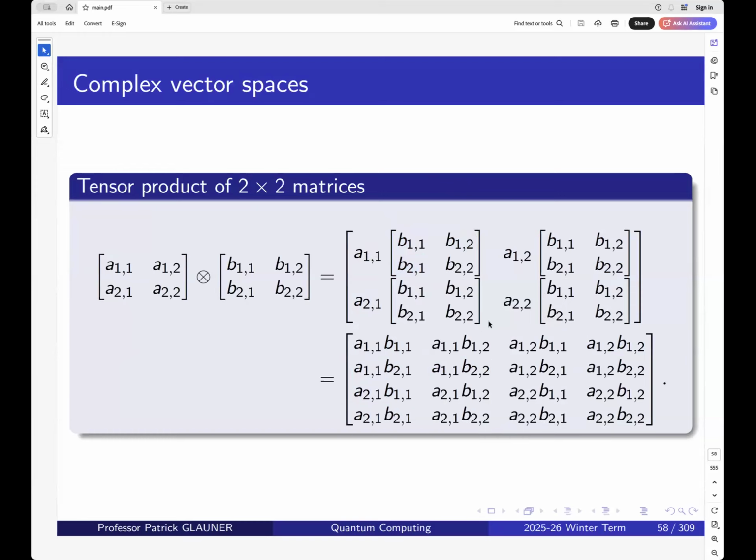This is the first block of the matrix, and I do this for all the other elements in A. For example, for A22, I multiply A22 again with each entry of the second matrix. And then I have these 4 entries here in the lower right.